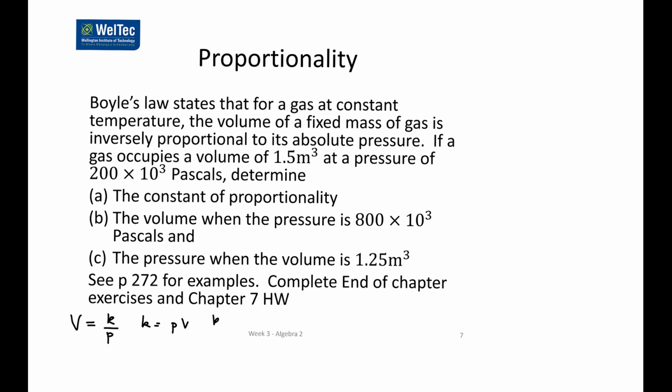So K is going to be 200 times 10 to the power of 3 times 1.5, which is 300 times 10 to the power of 3 in engineering notation. For part B, if we now want to find the volume, it is K over P. We know what K is now, so that's 300 times 10 to the power of 3 divided by the pressure that we've been given.